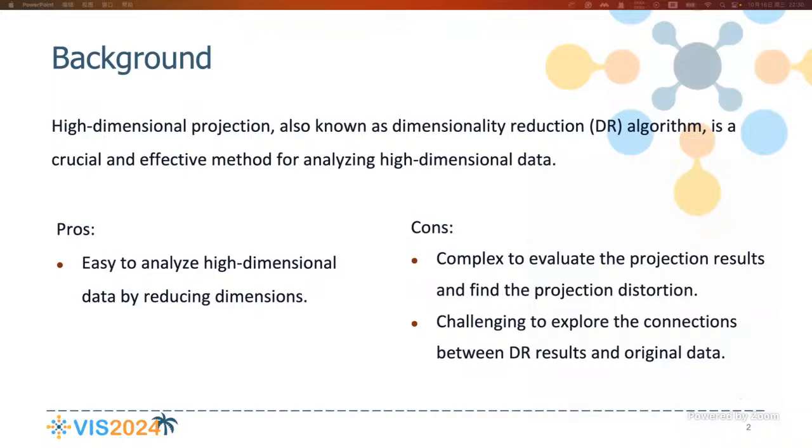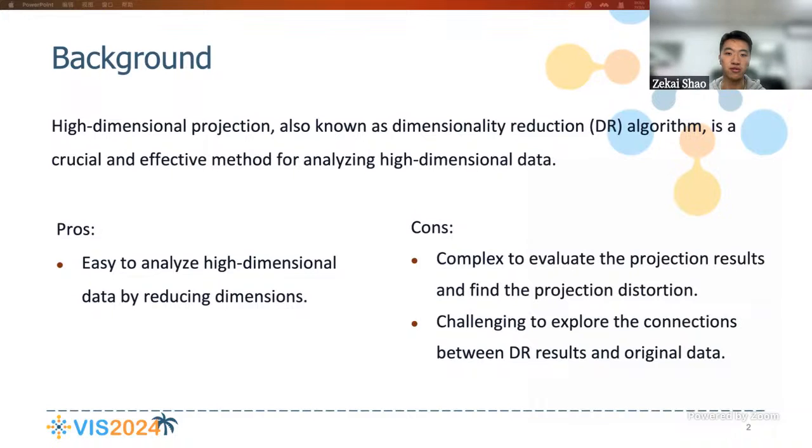High-dimensional projection, also known as dimensionality reduction, is a crucial and effective method for analyzing high-dimensional data. While it's easier for people to analyze high-dimensional data by reducing dimensions, since people are used to 3-dimensional or 2-dimensional space, there are still some problems.